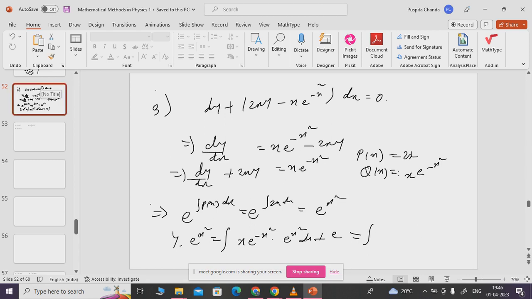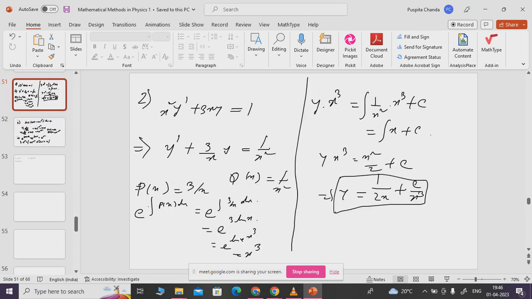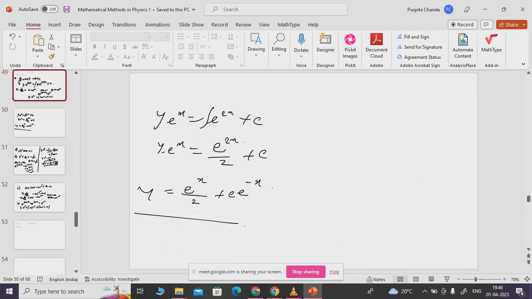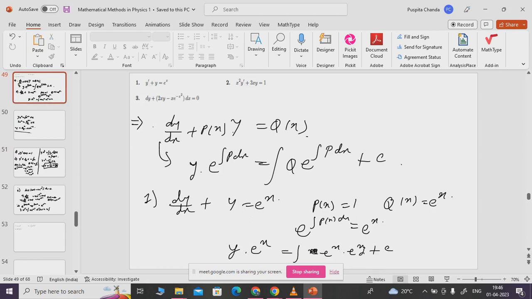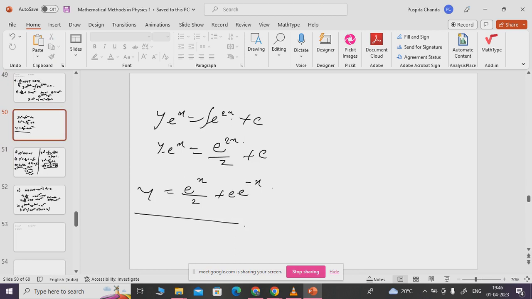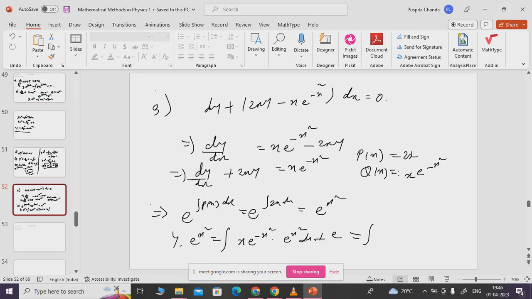So y into e to the power x square will be integration of x into e to the power minus x square into e to the power x square dx plus c, which is integration of x dx plus c, so it is x square by 2 plus c.